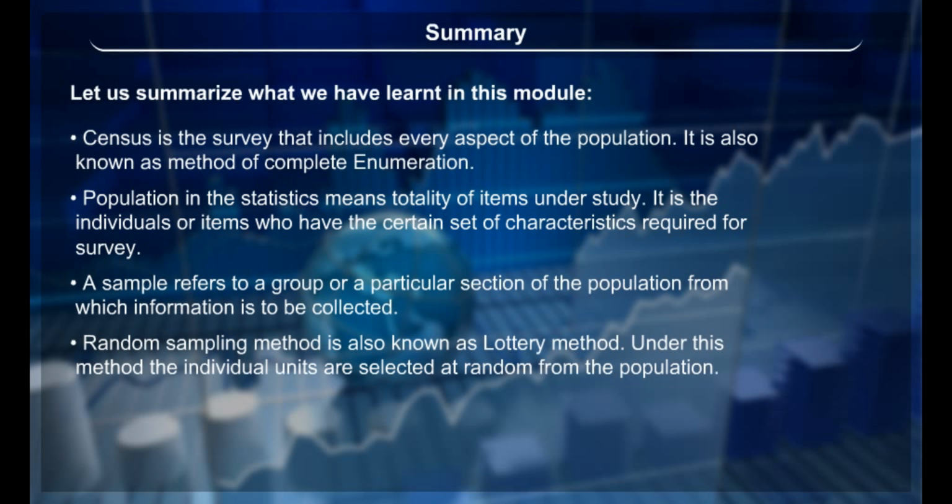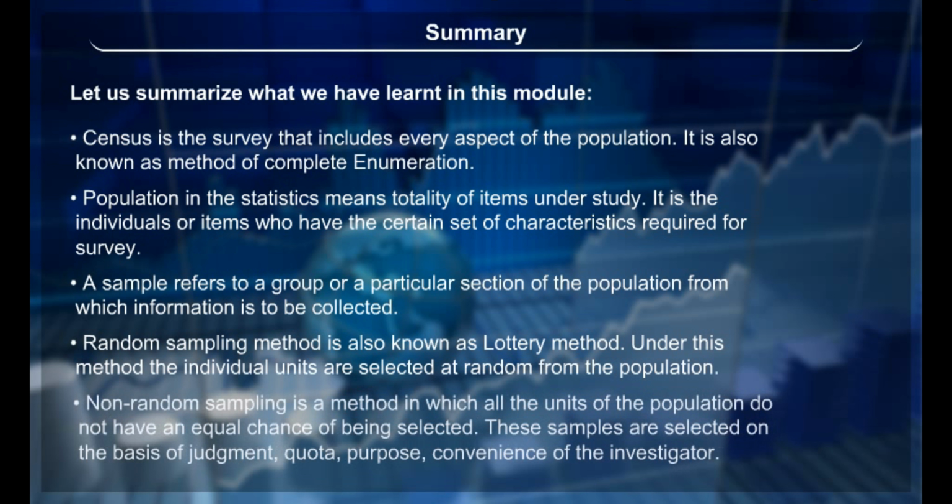Under this method, the individual units are selected at random from the population. Non-random sampling is a method in which all the units of the population do not have an equal chance of being selected. These samples are selected on the basis of judgment, quota, purpose, or convenience of the investigator.